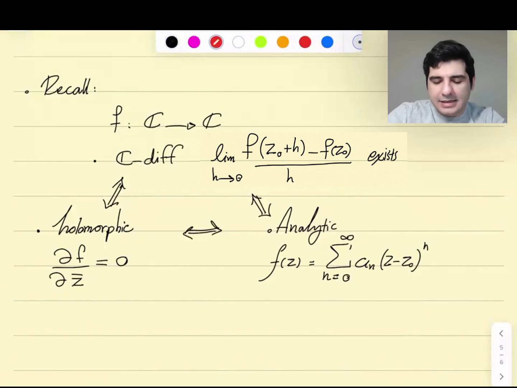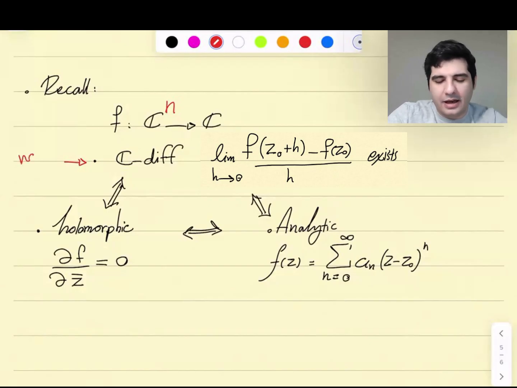Now let's see if we can extend these things to higher dimension, where the domain is not C, but some Cn. How can we generalize these definitions to higher dimensions? So let's look at the first definition, complex differentiable. If you were to just write the exact same limit, it would not make sense in a naive sense.